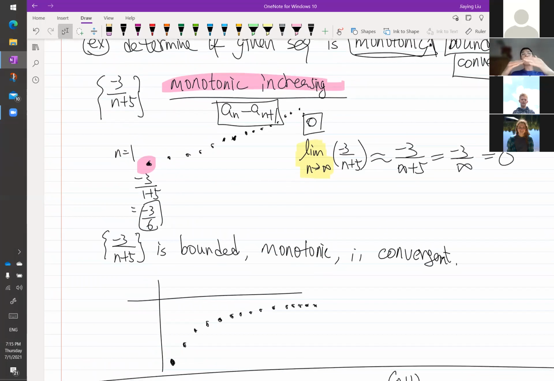Think about what monotonic means: always increasing, that's monotonic increasing. Always decreasing, that's monotonic decreasing. If it's always increasing, then the first element is the smallest, and the last element is the biggest.